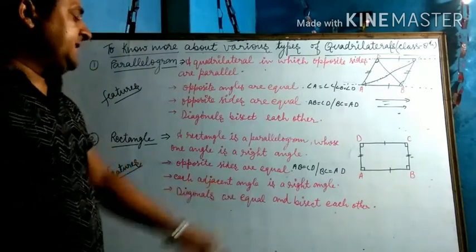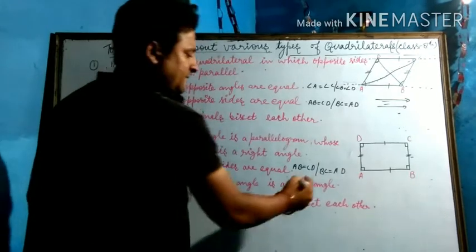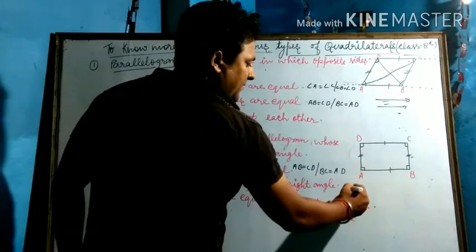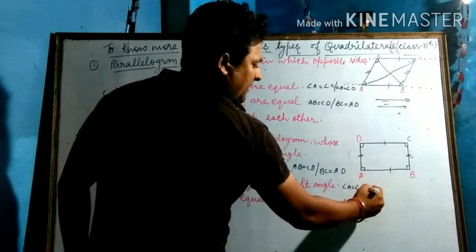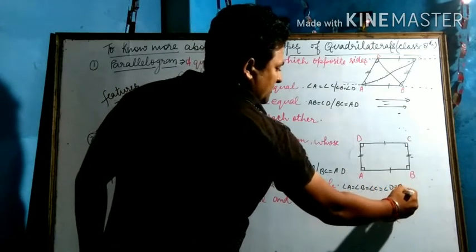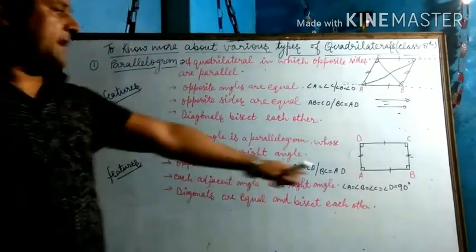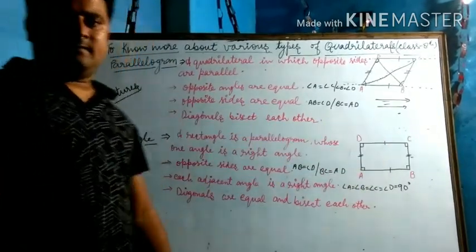Each adjacent angle means one after another, so here you can write angle A equals angle B equals angle C equals angle D equals 90 degrees. All the angles are 90 degrees.